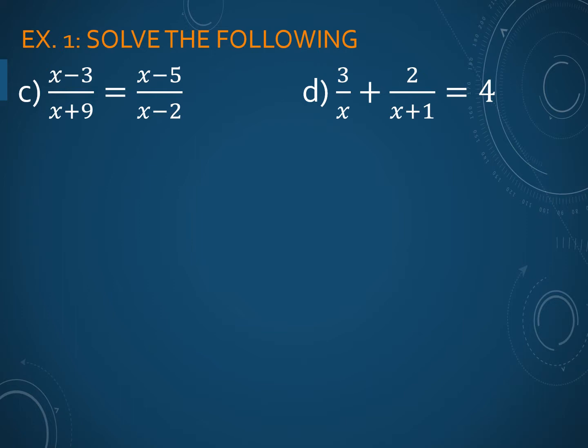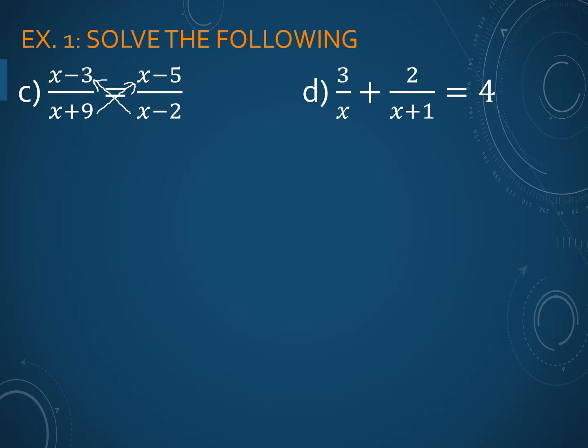So for C, we have variables on both sides. Again, there's two ways to kind of think of this. You can bring over one of the fractions, make it subtraction, set it equal to 0. Or even though I know it's not technically the strictest math step, you can kind of treat this as a cross multiply question.